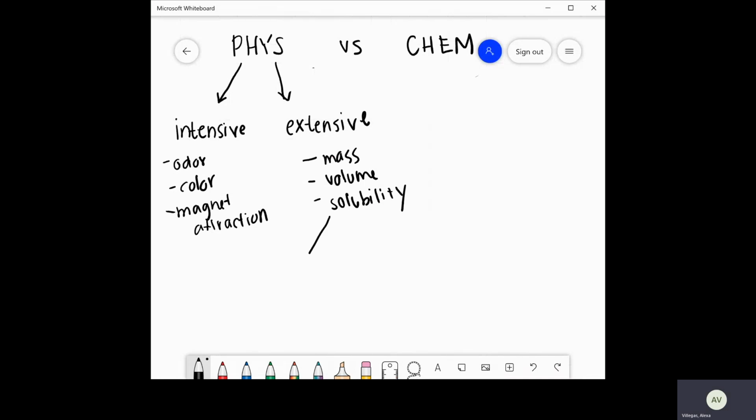And solubility can be further described in 3 ways. It can be unsaturated, saturated, or supersaturated.